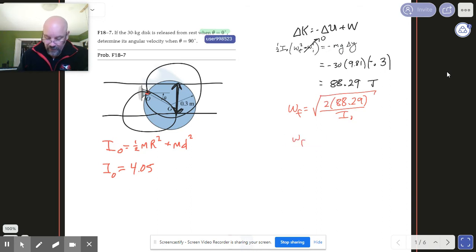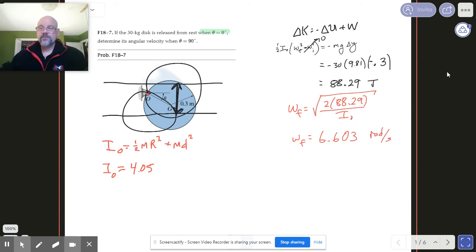When you run the numbers on that, you get 6.603, and of course that's radians per second. This general pattern is what we're going to be following for all of these other ones. If that makes sense, if you got that, you're in great shape.